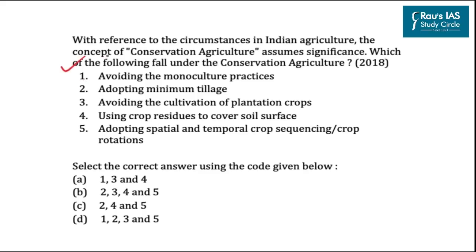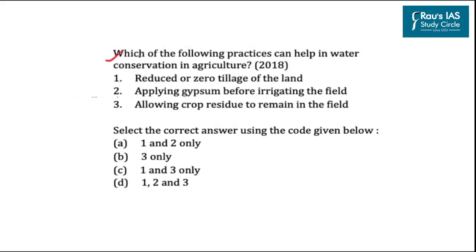Then in 2018, UPSC asked with reference to the circumstances in Indian agriculture, the concept of conservation agriculture assumes significance. Which all the following fall under the conservation agriculture? And then again there you see adoption of minimum tillage. And the same year, another question was asked which again had reference to zero tillage of the land, helping in conservation of agriculture.